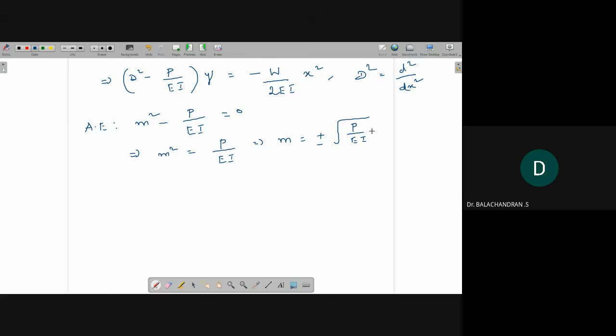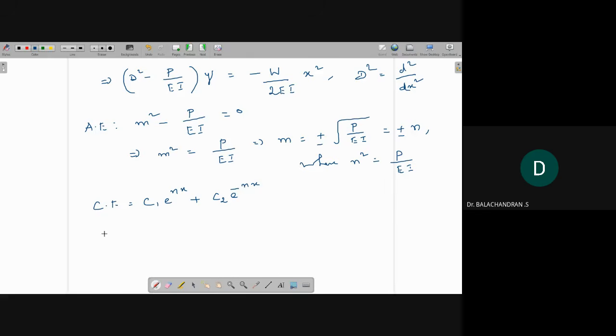I will take this as plus or minus n, where n square equal to P by EI. So m equal to plus or minus n, and hence the complementary function is c1 into e power nx plus c2 into e power minus nx.